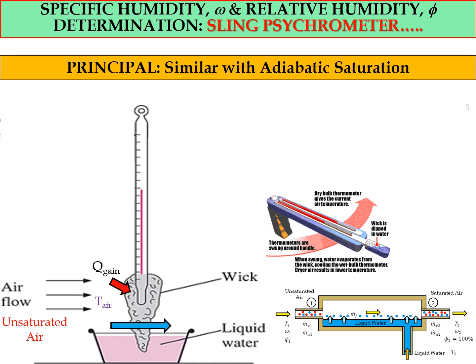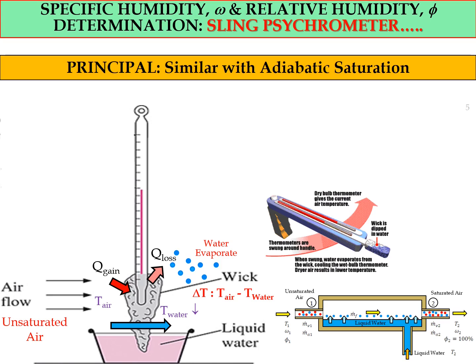Due to the airflow, heat transfer will occur. The heat will transfer to the wet cotton wick, and the evaporation process will occur, so the amount of water vapor inside the air will increase. Water evaporates, and we have heat gain and heat loss through the process. In terms of water temperature, the temperature will reduce due to the evaporation process.